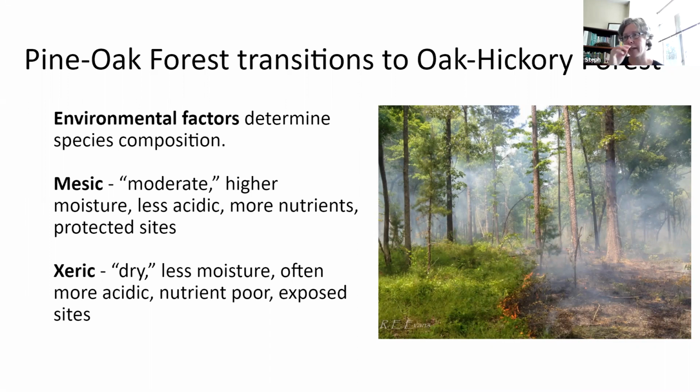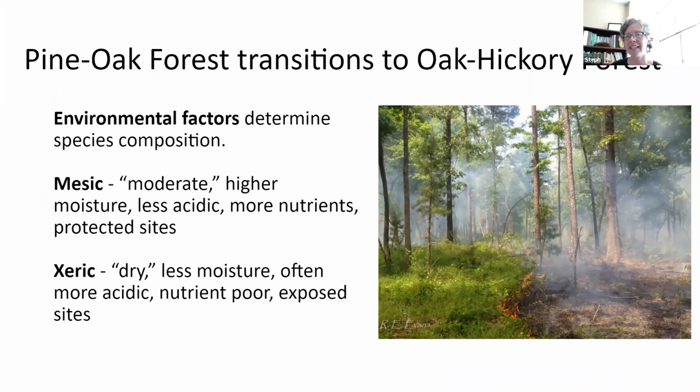And then you've got xeric conditions, right? Xeric means dry. So these sites have less moisture. They're often more acidic or rocky. They can be nutrient poor. Also, this is where topography comes into play, protected sites versus exposed sites. You can imagine that it actually has quite an influence on the forest that develops.